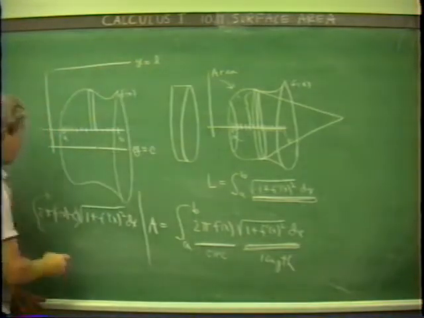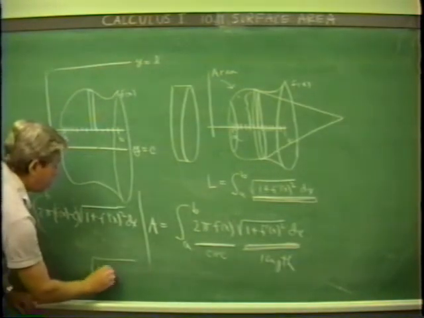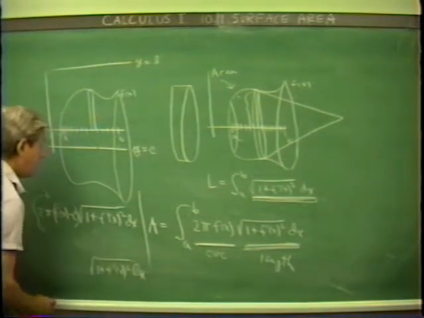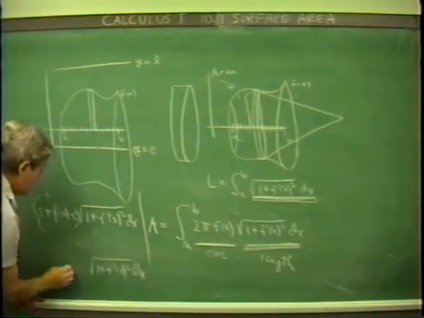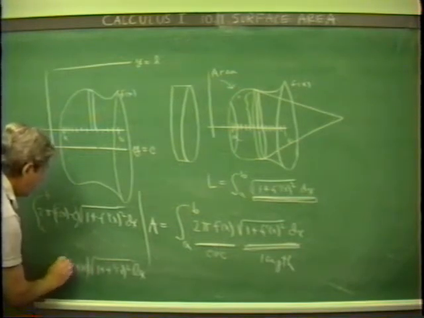Right? If we wished to revolve it instead around y equals d, where d was larger than f of x, then we would get, again, square root of 1 plus f prime of x squared dx, except now the radius would be d minus f of x.